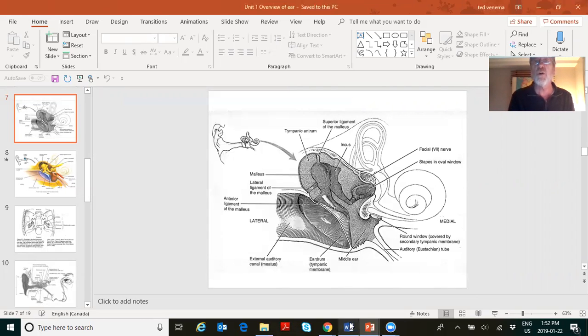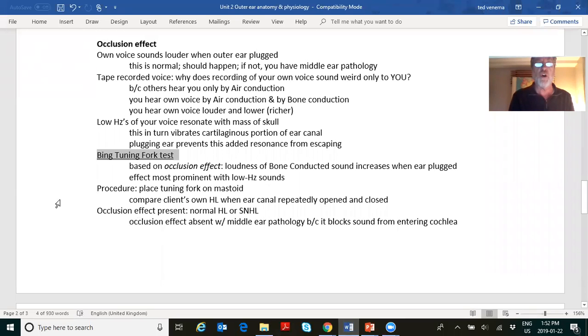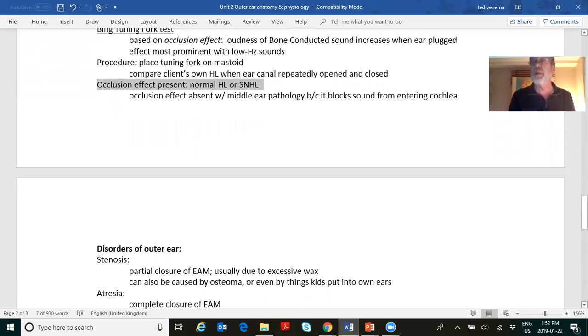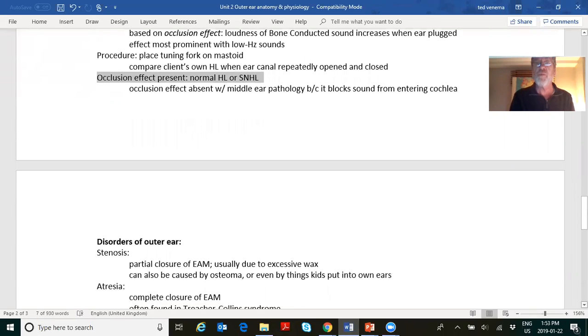Okay, occlusion effect, shown by the Bing tuning fork test. Occlusion effect should be present in normal hearing people and with people who have inner ear pathology. We'll cover more of it. You'll run into this again. Everybody except people with middle ear pathology get the occlusion effect.